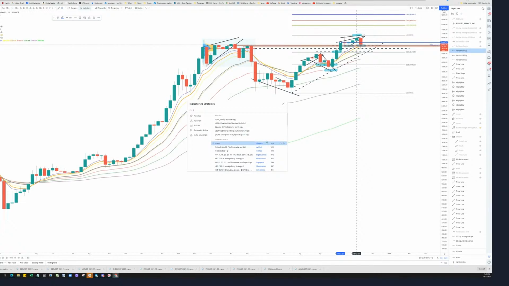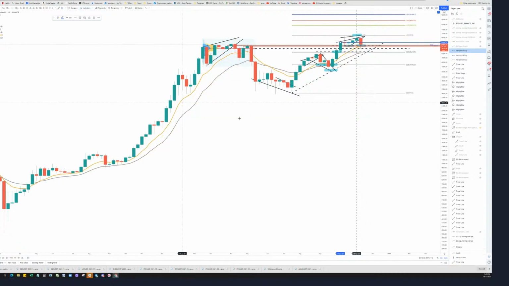Not the band. So I'll just add the 7 EMA with a moving average. I'll make that thicker. I think it's 7 or 8, I'm not sure.